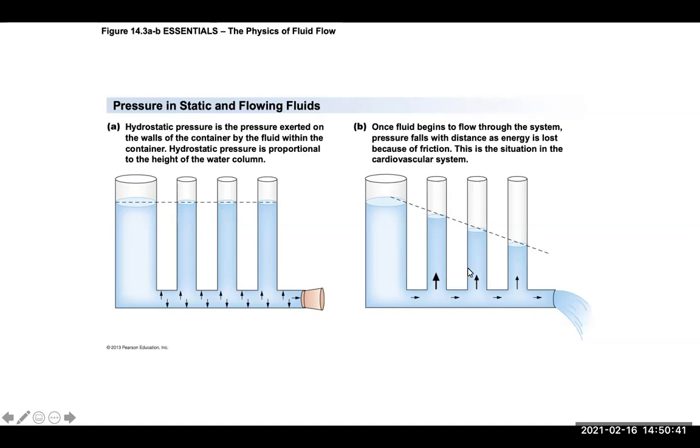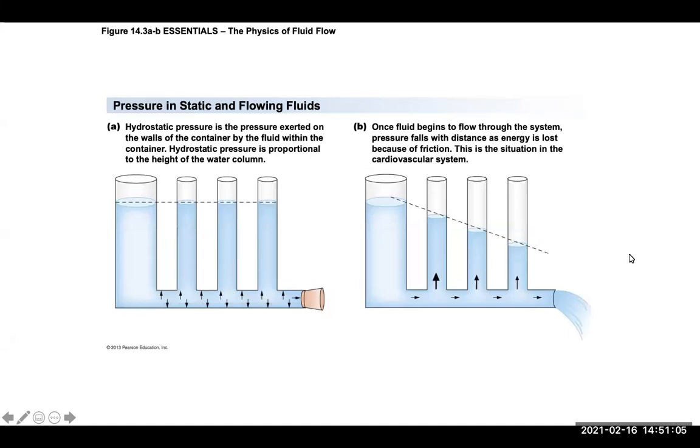But once the fluid begins to flow through the system, the pressure is going to drop as you go further and further in distance because of the friction that is going to occur. So the further away you go from this beginning point, in what are called these little spouts, if you will, the lower the pressure is going to be.